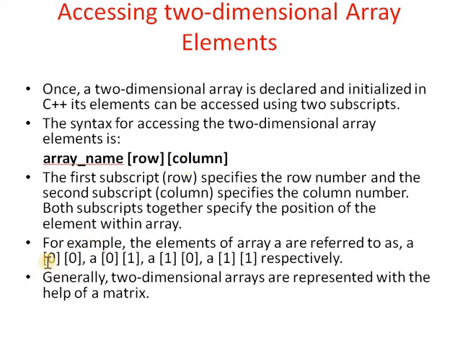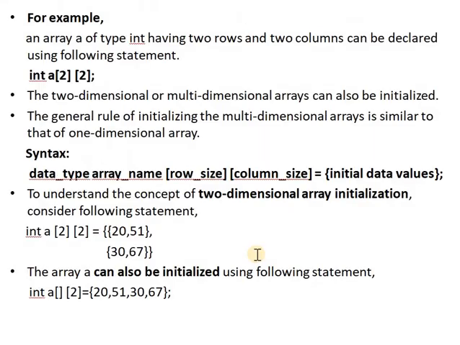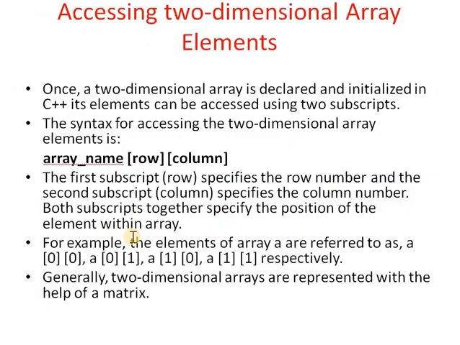For example, two-dimensional array elements are called by using the indexes like 0,0, 0,1, 1,0 and 1,1. So, in the given example, 4 values are assigned to the array, and by using these 4 indexes, we access that two-dimensional array's values.